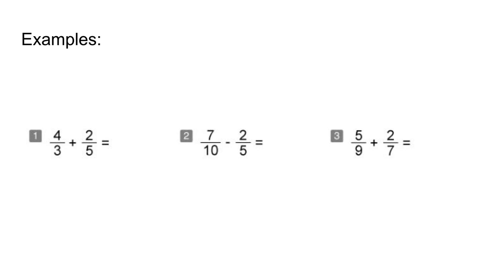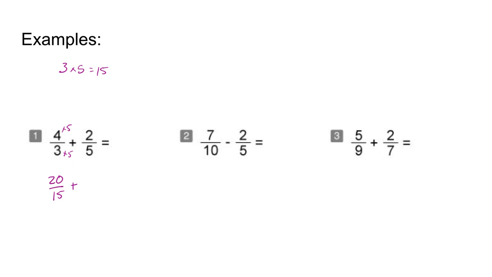So 3 times 5 is 15, right? So 15 being my new denominator. Well, if I want 15 to be my denominator, 3 right here, I times it by the 5 to get 15. So 4, I have to times by 5 to get my new numerator. Because on this fraction, I'm timesing this by 5. So 4 times 5 is 20.